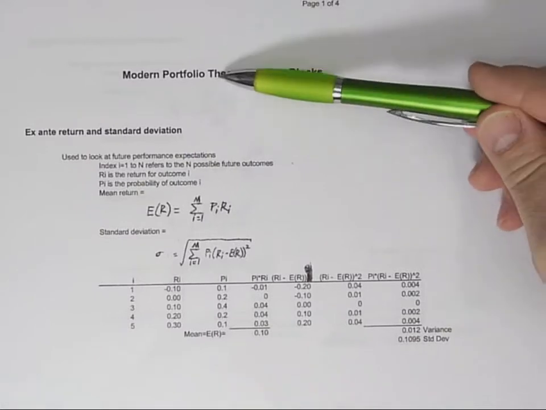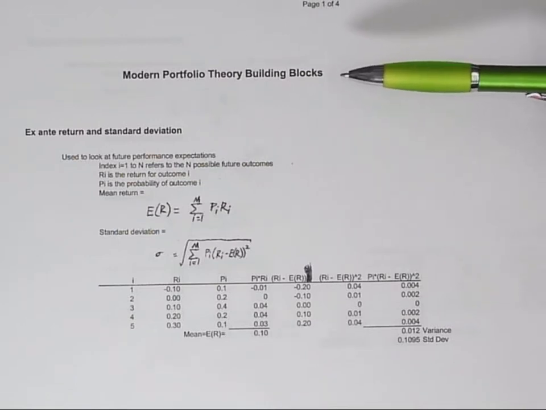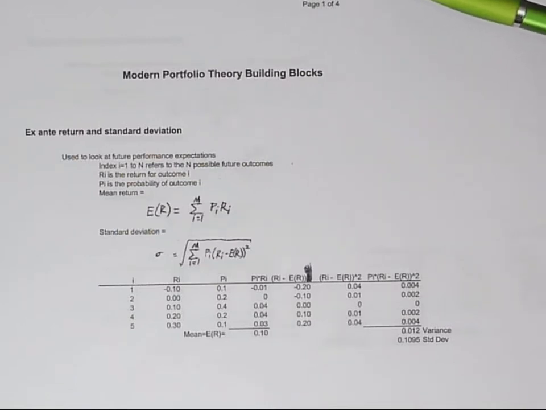The reason we care about modern portfolio theory for this course is because Chapter 13 addresses the security market line. The security market line is part of the capital asset pricing model, and we're going to use that to calculate the cost of equity when we get into Chapter 14. The security market line and capital asset pricing model actually were developed from what was originally termed modern portfolio theory.